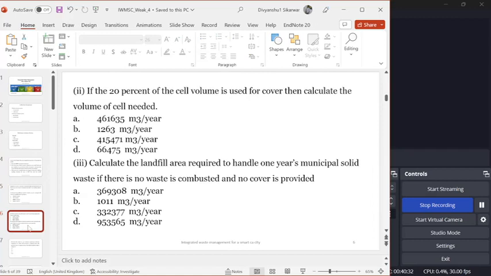Next question is, if 20% of the cell volume is used for cover, then calculate the volume of cell needed.